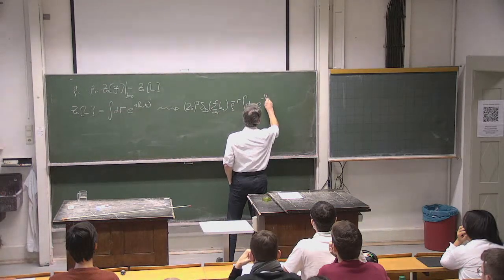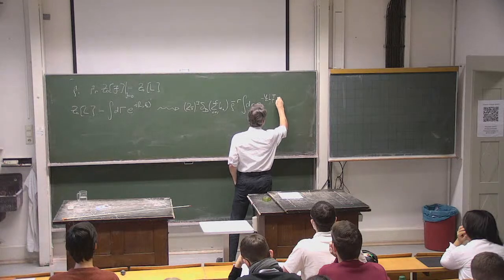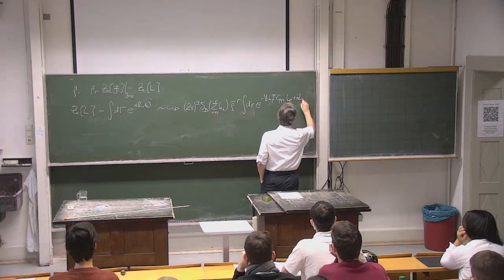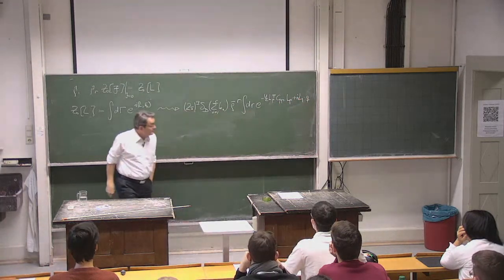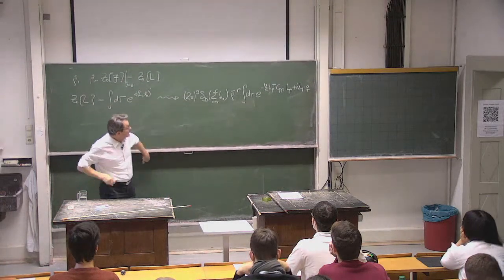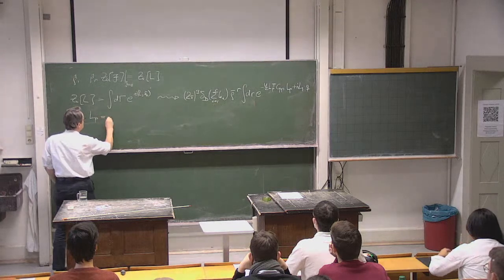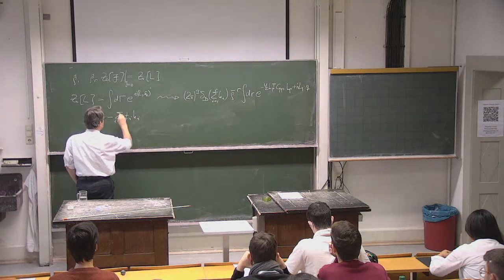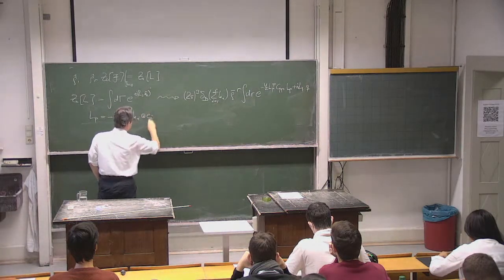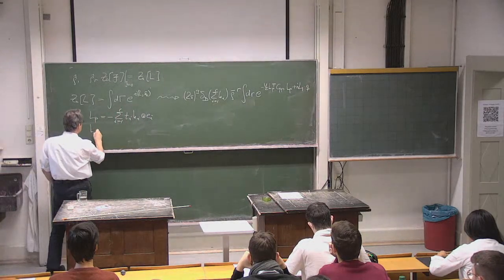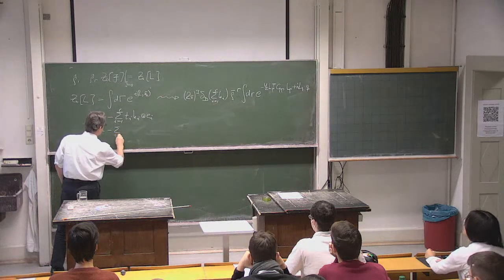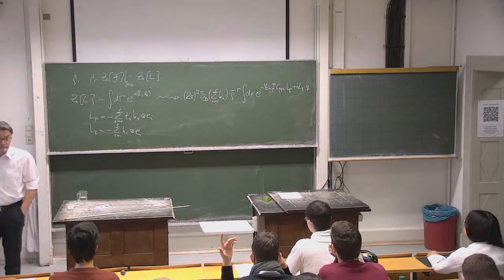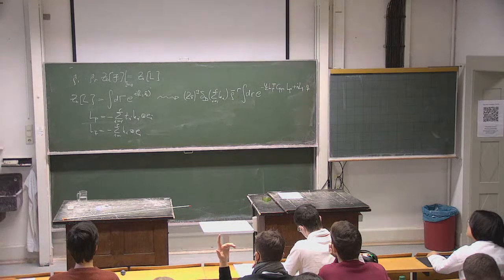And this looks like e to the power of -1/2 LP transpose CPP LP plus i LQ times Q. And the LPs were minus the sum over P_i K_i, and the LQs were minus the sums over K_i for all the particles involved in the density operator. That was the main result of last time.